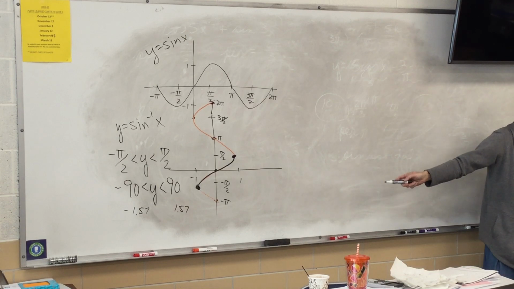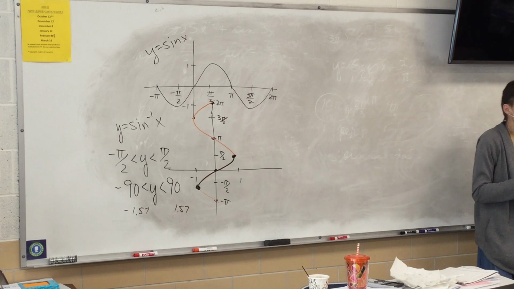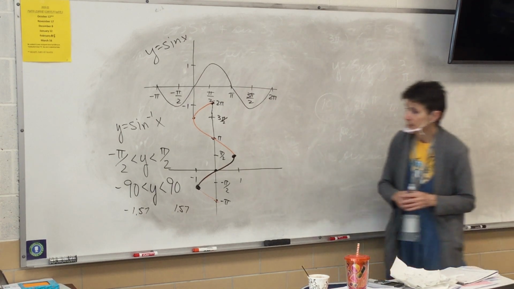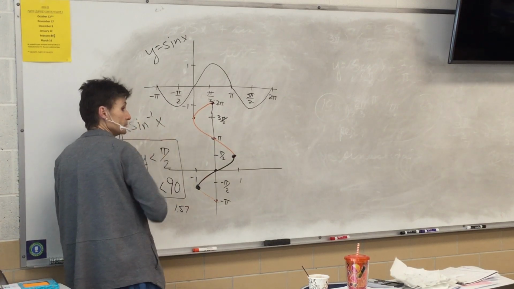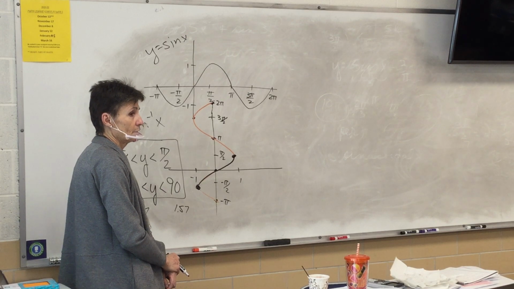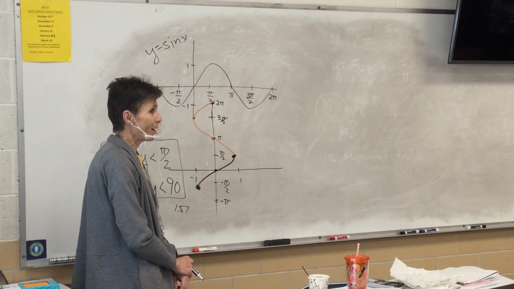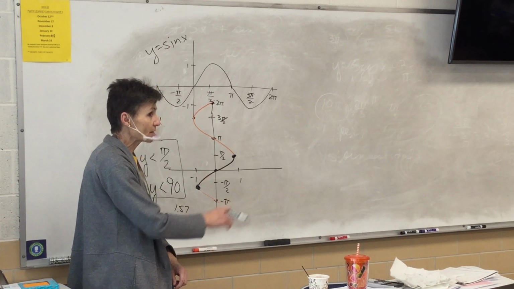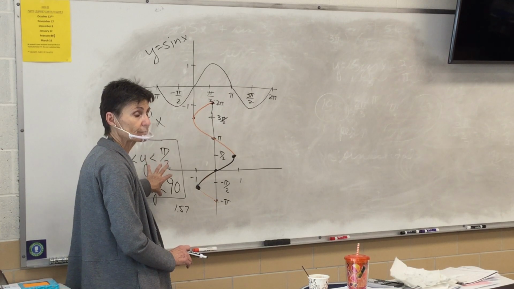Did you get a number in the right range down here? Any inverse sine you do on your calculator is going to come out here. Okay? So any inverse sine you do by hand, we're going to do some in a minute, will have to come out here. This is where they are.